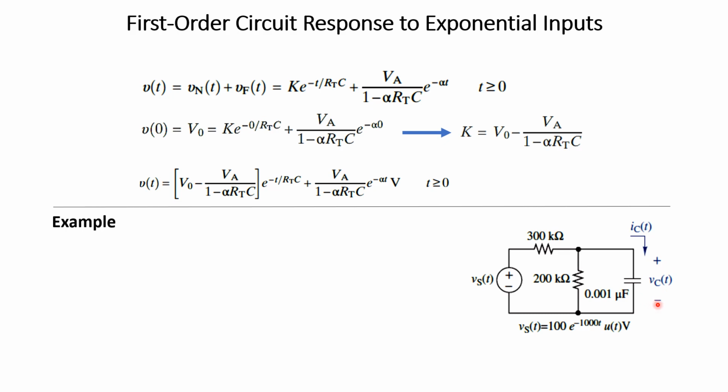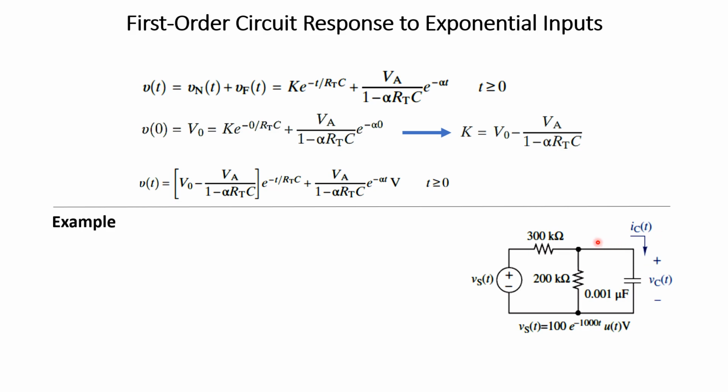We will determine VC. Note that capacitor voltage is the state variable related to this capacitor. Knowing this capacitor voltage, we can find capacitor current, as IC is C multiplied by dVC by dt.